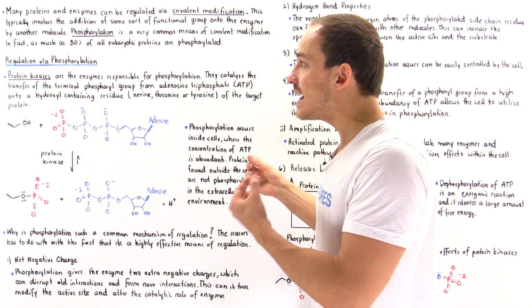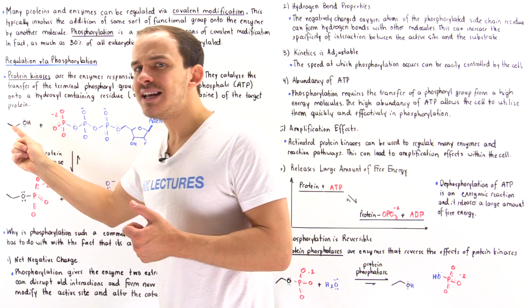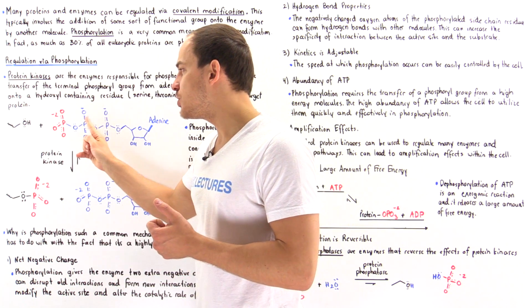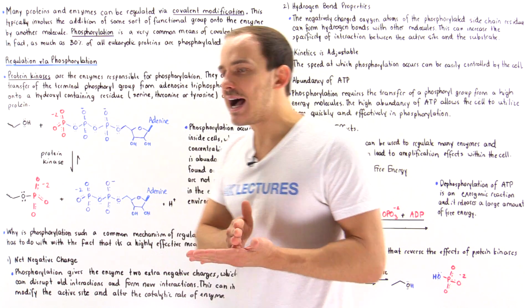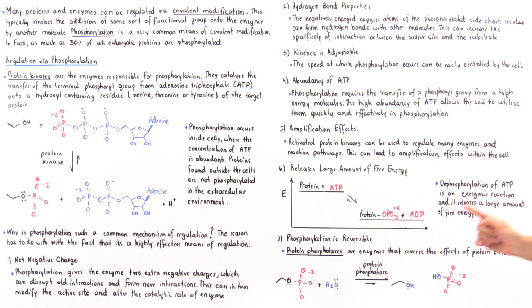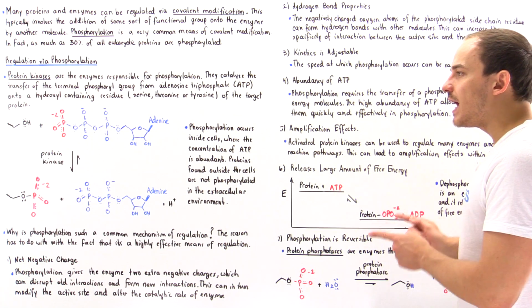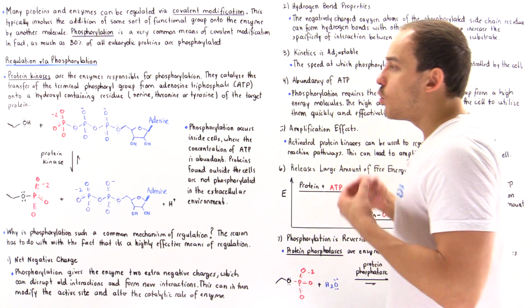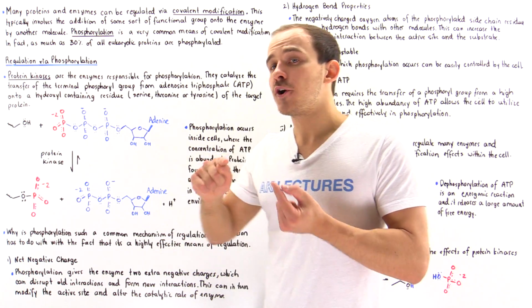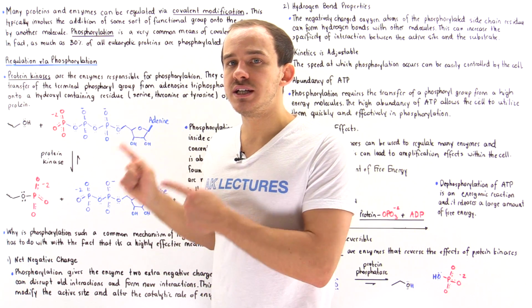Well, instead of using the protein kinase to reverse the reaction, we use a different enzyme known as protein phosphatases. So inside our body, it's these protein phosphatases which are used to reverse the effects of the protein kinases.